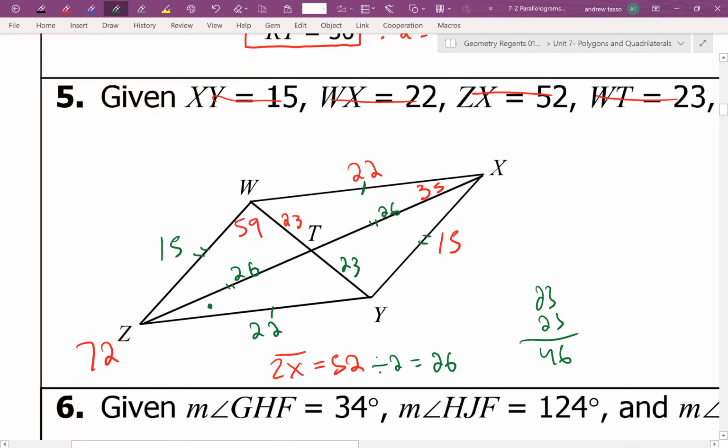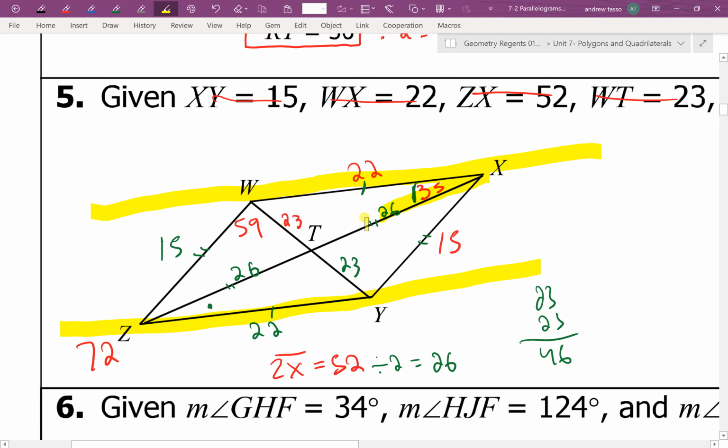We haven't spoken about this property yet, but I'll say it now: when you draw the diagonals in, you're going to get alternate interior angles formed, right? Those are the parallel lines, and then the diagonal would cut across like this, that would be representing a transversal, right? So this is where we could look for alternate interior.